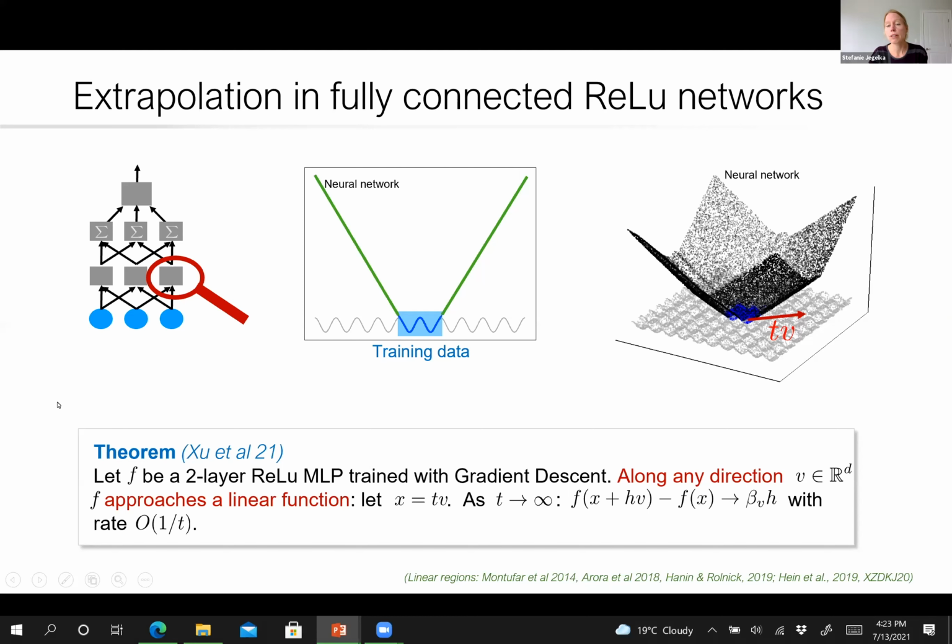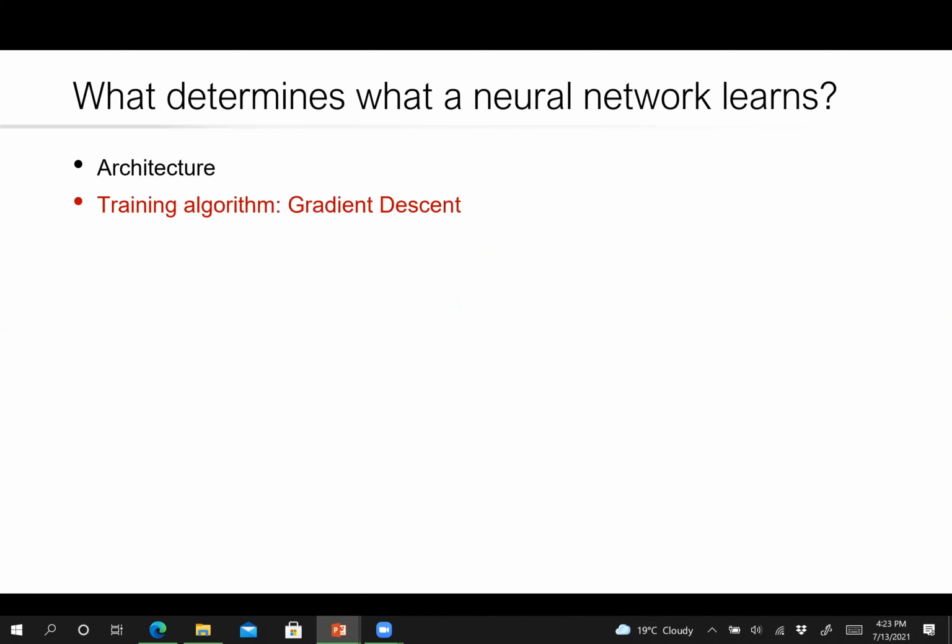So how do you actually analyze this? This analysis is for the neural tangent kernel framework, which is admittedly a bit simplified, but you saw it actually holds also for deeper architectures and finite-size architectures. The way you analyze this is that you look at the neural tangent kernel framework, which takes into account the training algorithm.